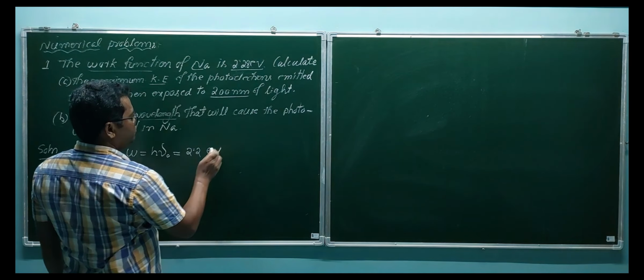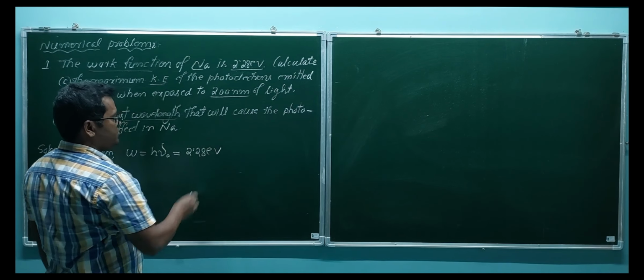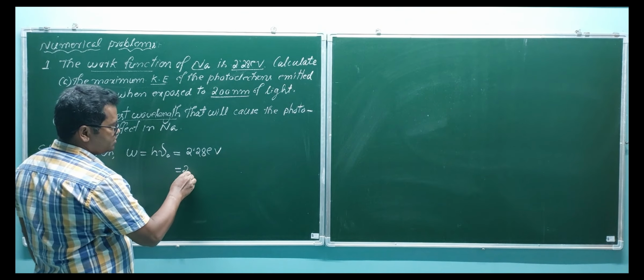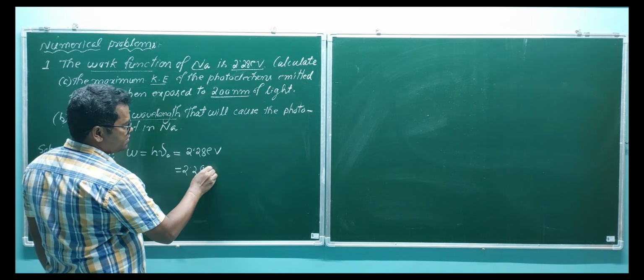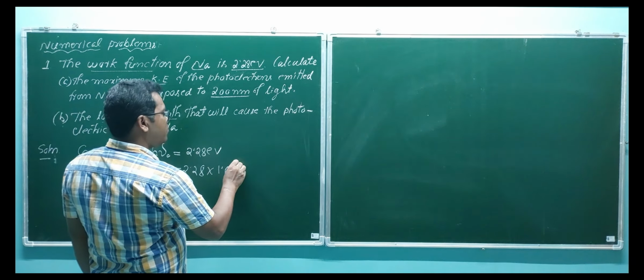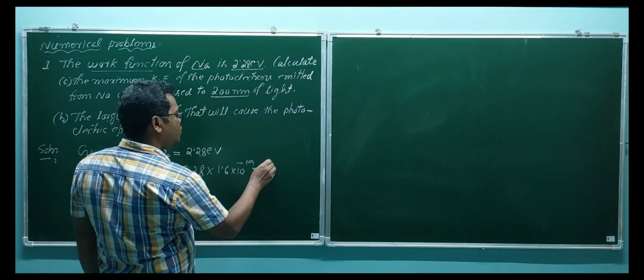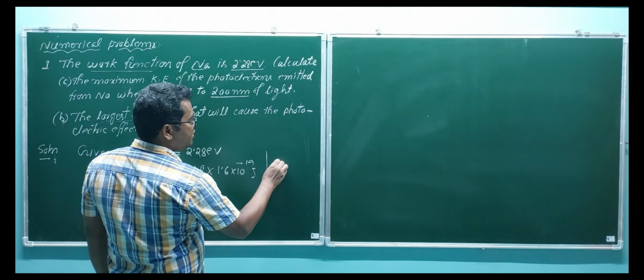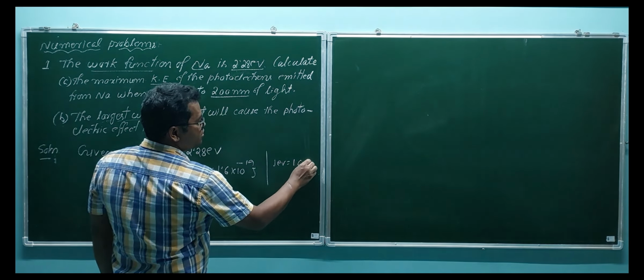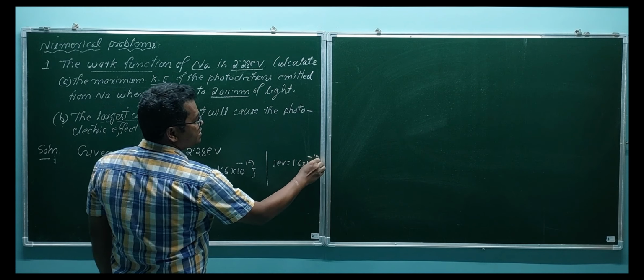It should be converted into joules: 2.2 into 1.6 into 10 to the power minus 19 joule. We know 1 electron volt equals 1.6 into 10 to the power minus 19 joule.